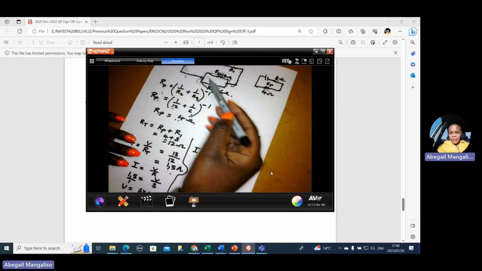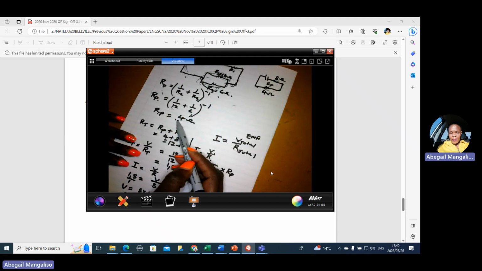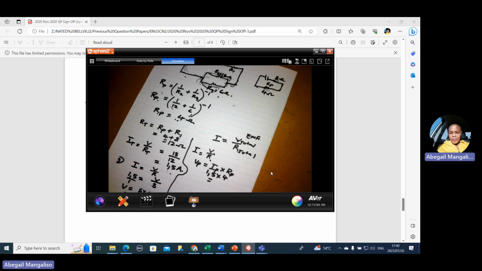And the total resistance, we got it is 4. So it's 1,5 multiplied by 4, this will give us 6. So the voltage is 6 volts.